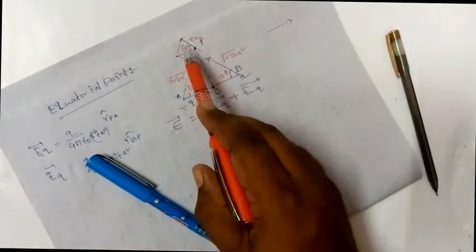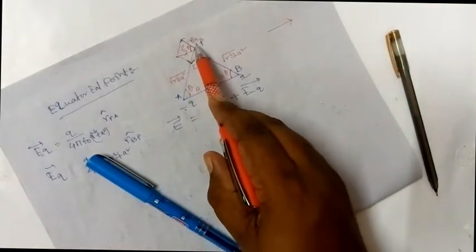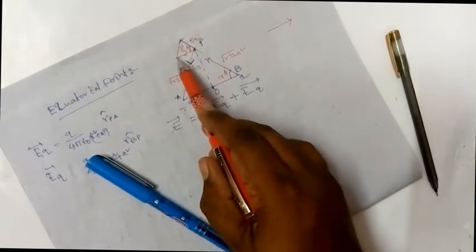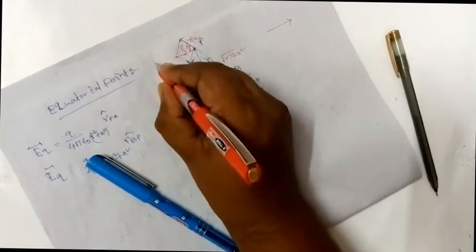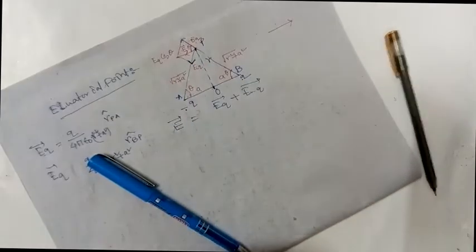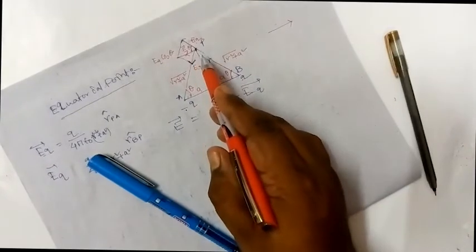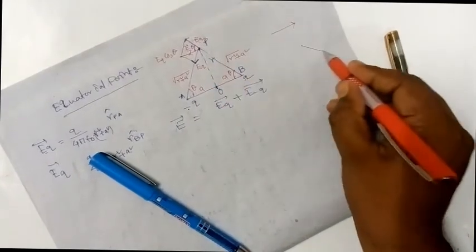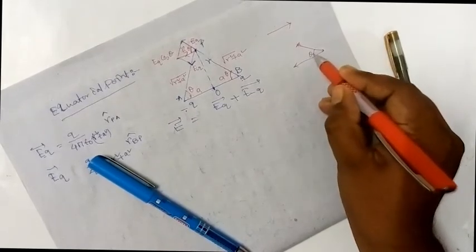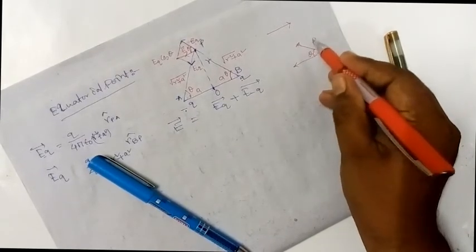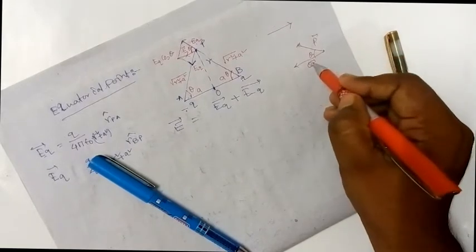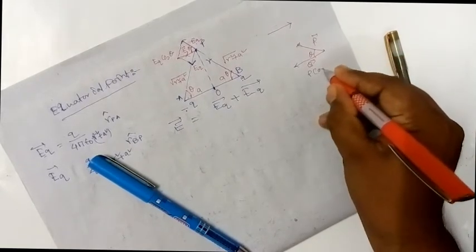So if I want to show you, the component of E plus Q acting along E is E_Q cos theta. We know the component division. If this is a vector P and this is another vector Q, and this angle is theta, then the component of P acting along Q is P cos theta.